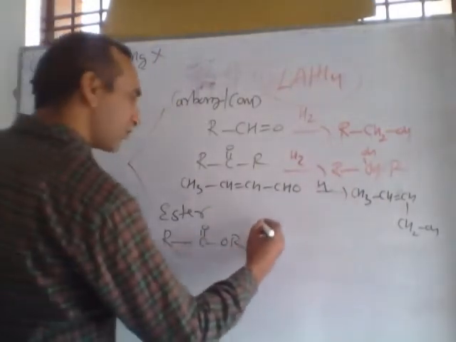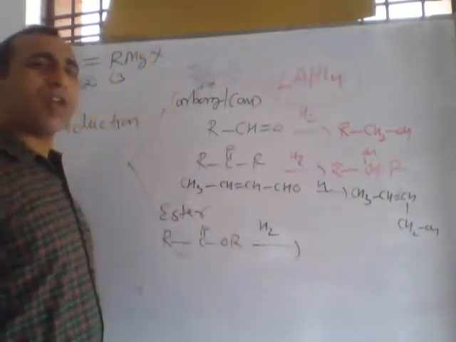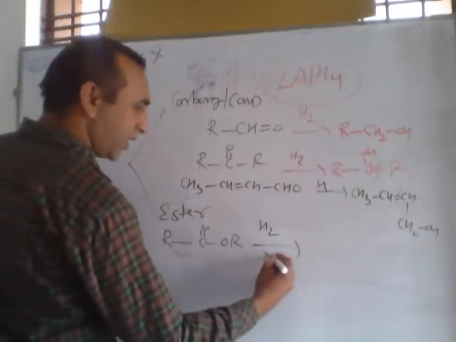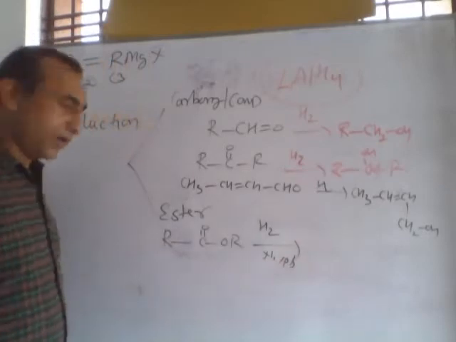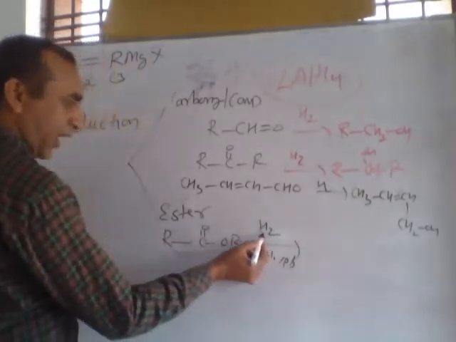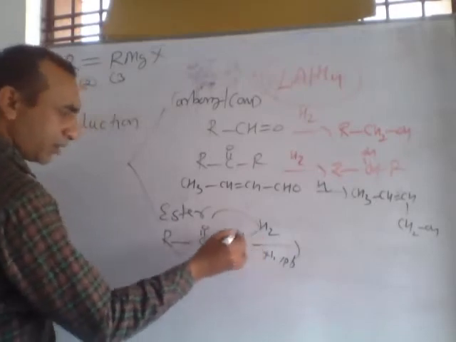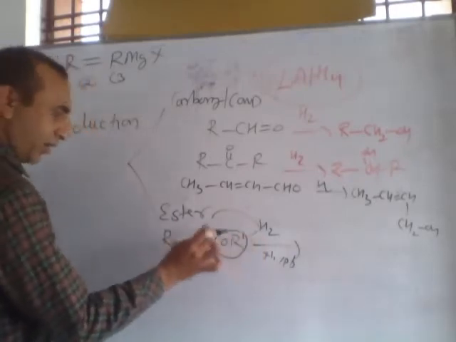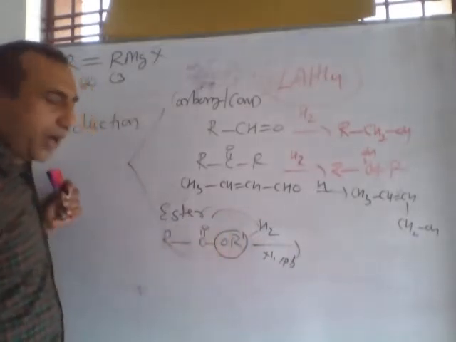This is an ester. For hydrogenation, the same catalyst we can use. We can also use any metal like nickel, Pb, or some other reactant. So these hydrogens join here and also here. This R and this is the ester, RCOOR.